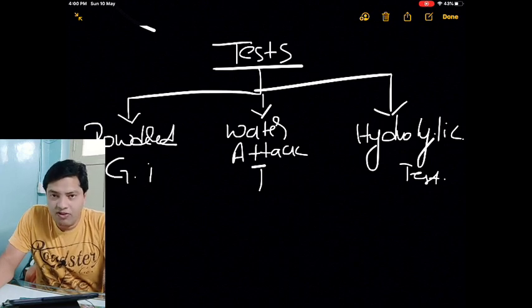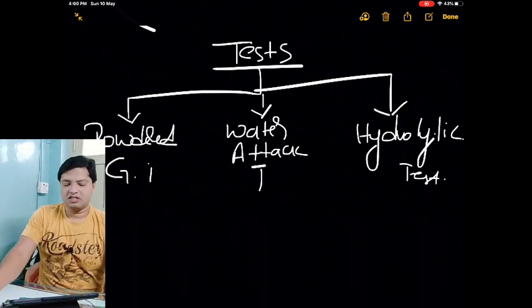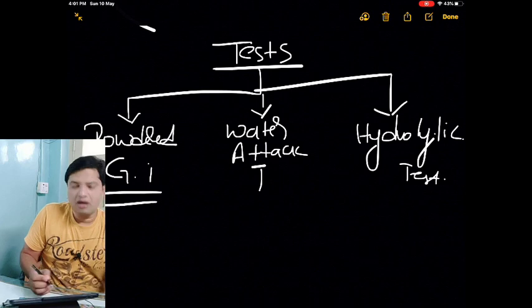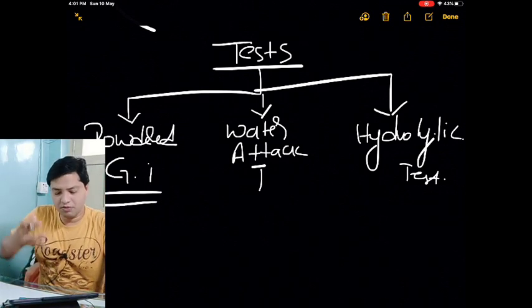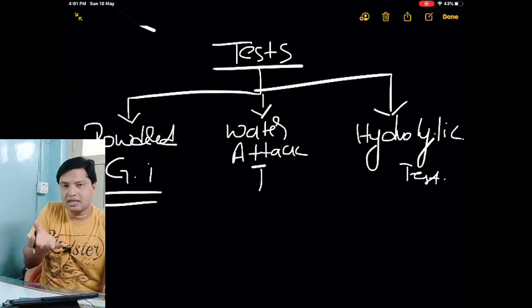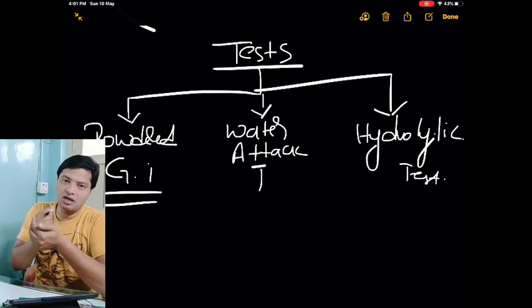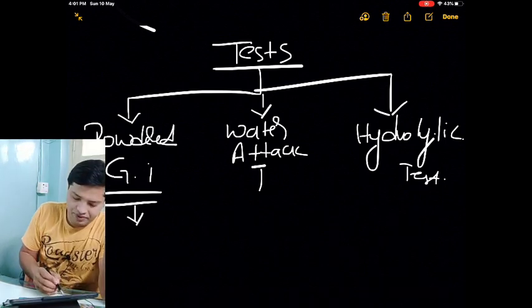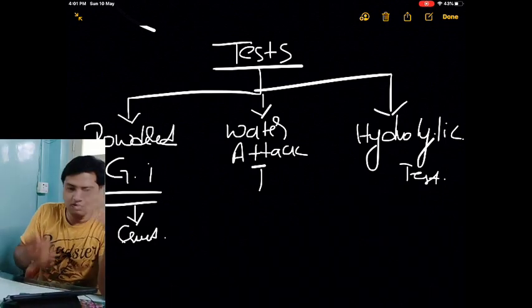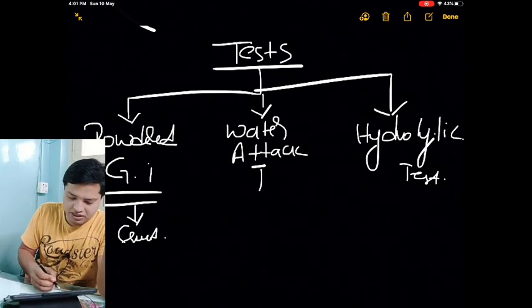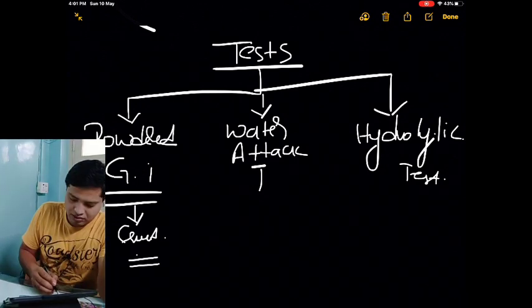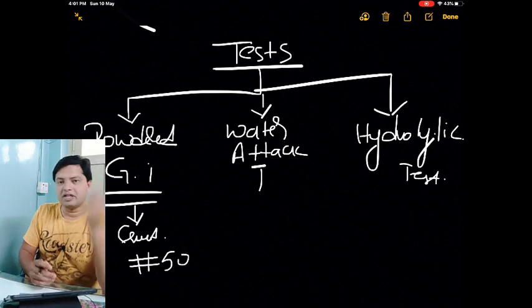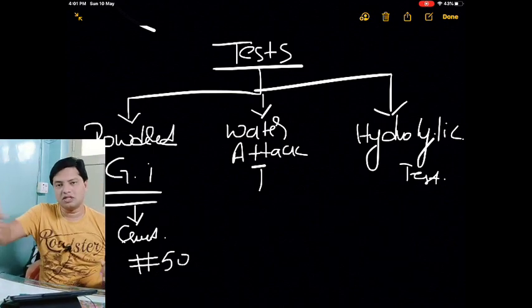So for that, the first test is the powder glass test, as the name suggests. We take the glass, crush it, and make it powder. You crush it till it passes through sieve number 50.